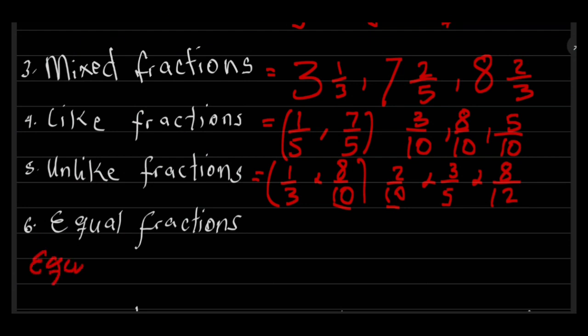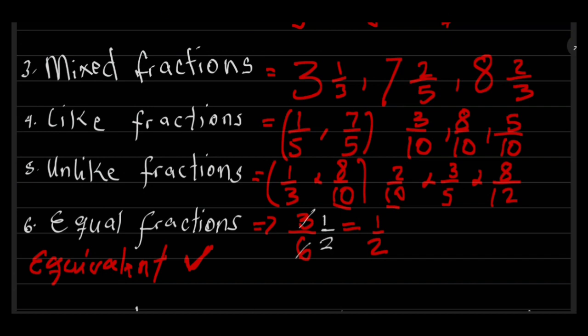Then we also have equal fractions. They are also referred to as equivalent fractions. When we say equal fractions, they are fractions that appear different but have the same value. For instance, 3 over 6 is the same as 1 on 2, because if we break down and cancel out, 3 into 3 is 1, 3 into 6 is 2.